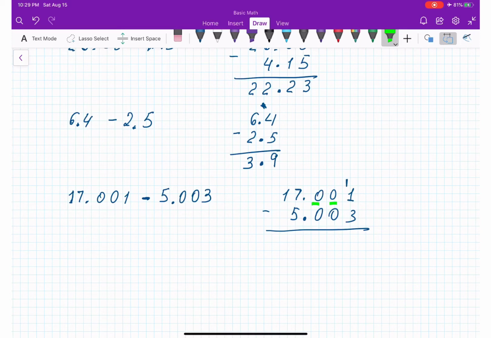So as I moved, instead of 10 I have 9, instead of 10 I have 9, and instead of 7 I got 6 because I borrowed from 7.